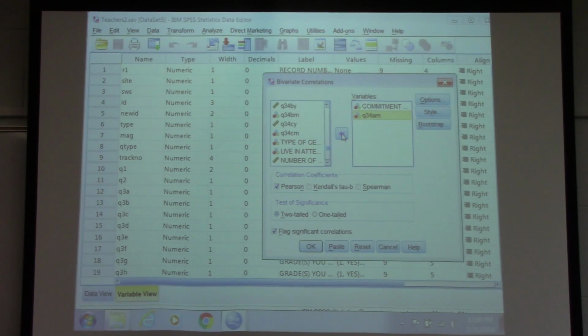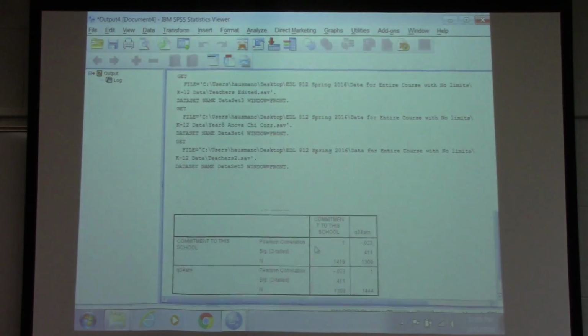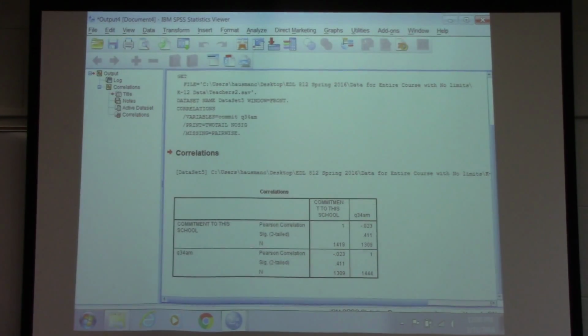So I've got Pearson set up because I've got 2 continuous variables, how committed teachers are to a school and how many years they've been teaching at that school, and I click OK and I get this little box. First of all, when you look at this table, it becomes obvious that for commitment to the school and commitment to the school, the correlation is a 1 because it's the same variable.